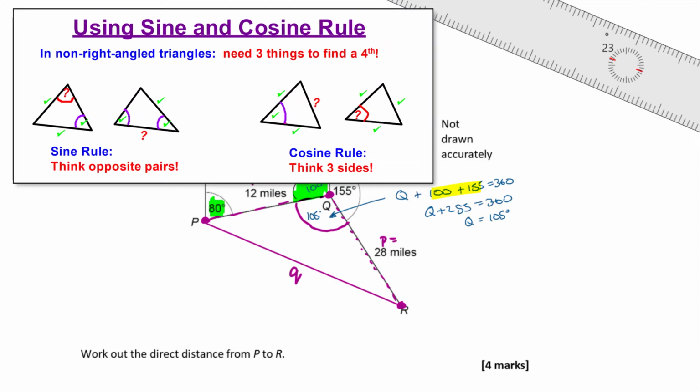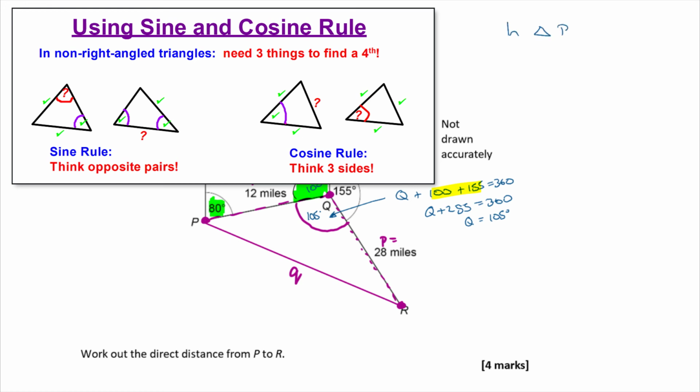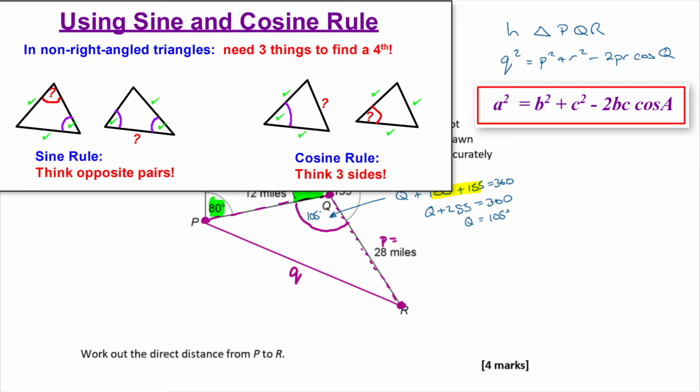Okay, so now I'm going to be using the cosine rule in triangle PQR. In triangle PQR, I want to find Q using the cosine rule. So Q squared equals P squared plus R squared minus 2PR cos Q. So you should be able to take the general form of the cosine rule and adapt it to whatever letters you've been given for your question.